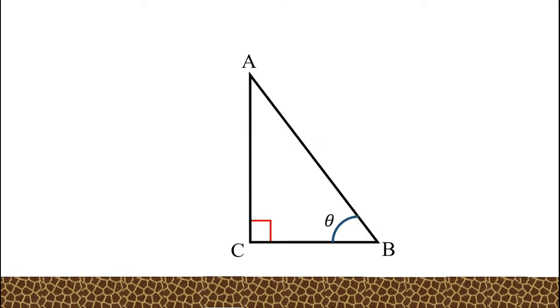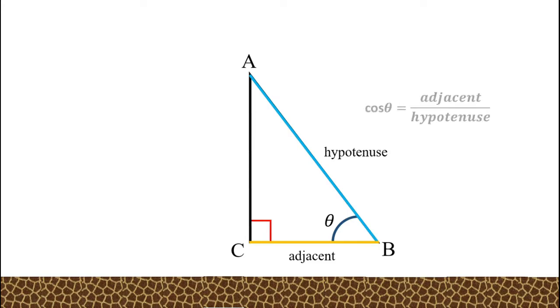In this slide, the adjacent of this angle is the orange line, and always remember that the hypotenuse is the opposite side of your right angle, which is colored blue. Thus, cosine theta is equal to adjacent over hypotenuse.